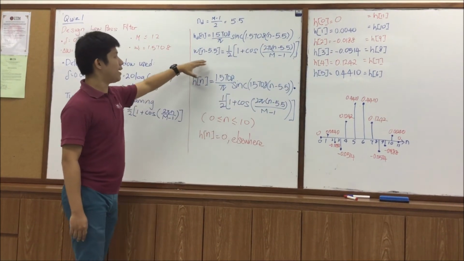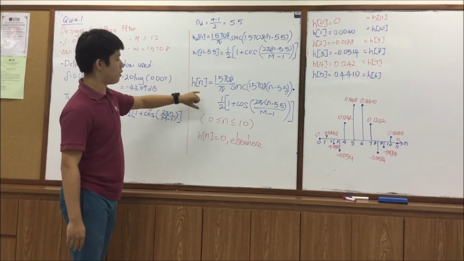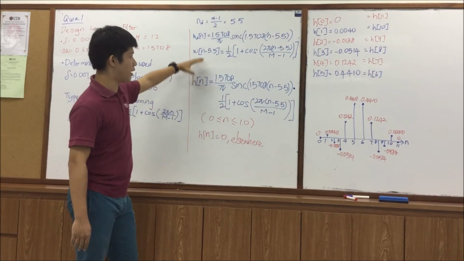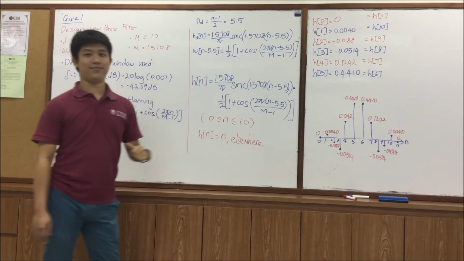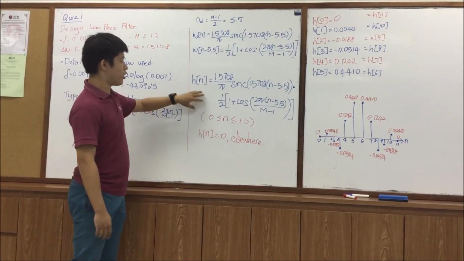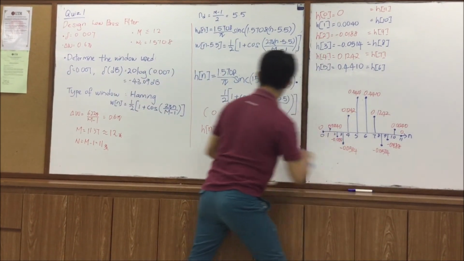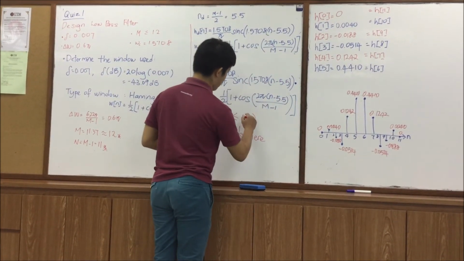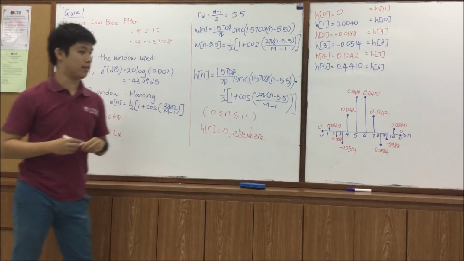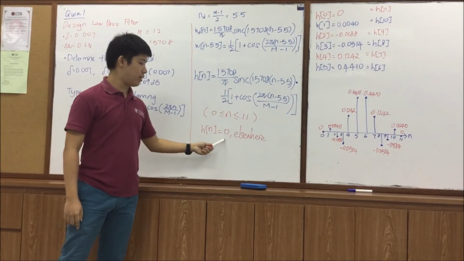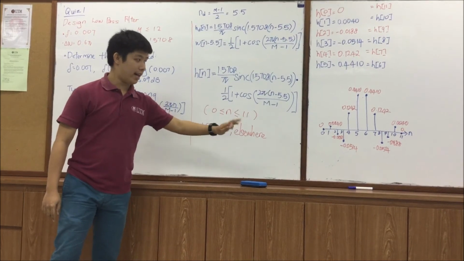We combine these two equations to get our hn, so we get an equation like this. This equation is actually for n from 0 until 11, because our M is 11, and hn is 0 for every other n.